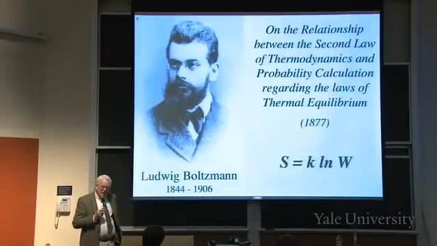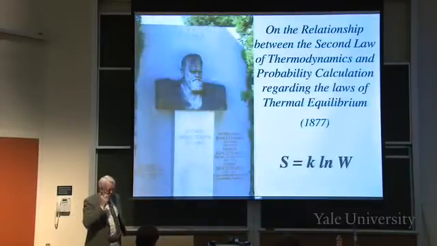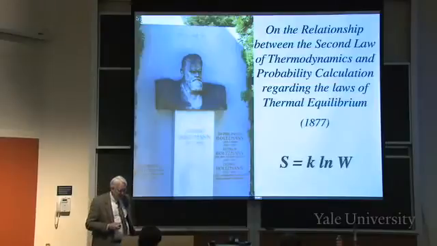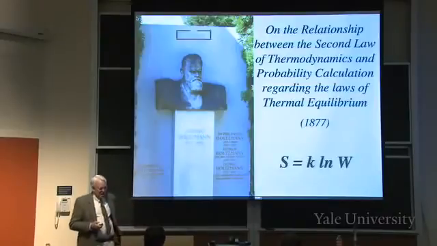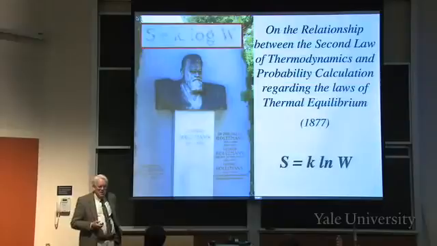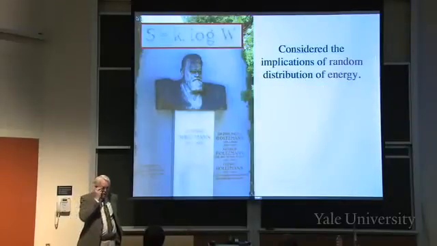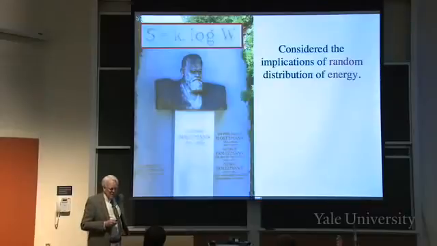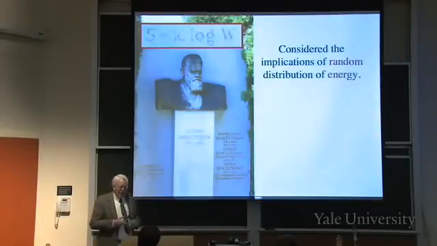And his key equation is S equals K log W. So log relates to an exponential, and we'll see why that is. And here's his tombstone in the cemetery in Vienna, and you'll notice up at the top there, S equals K log W.